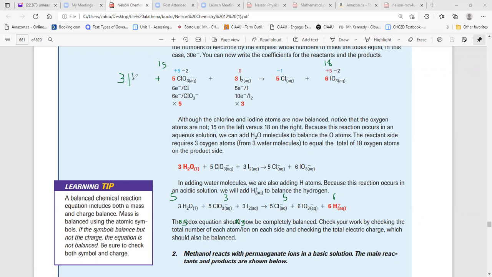We're adding 3H2O. We need 3 oxygen, 3 multiplied by here. Oxygen balanced. Now the hydrogen, I have 6 hydrogen here. That's why I'm adding 6 hydrogen ions at this side. Since this is an acidic solution, you will leave it like that.